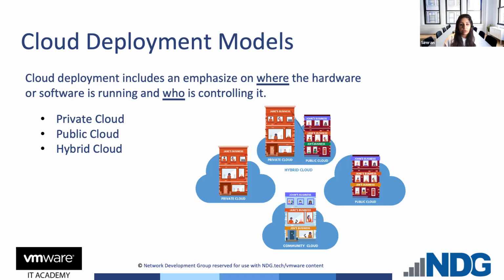And if the demand spikes up, you can burst into the public cloud as and when needed, and then bring the workload back when it's not so busy. So essentially, with the hybrid cloud, you get the flexibility to be more scalable and more available as your organization has needs and demands.